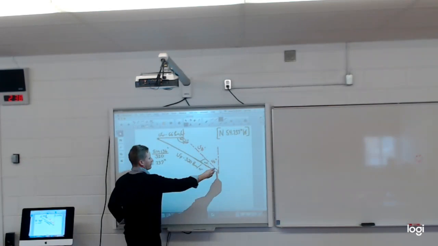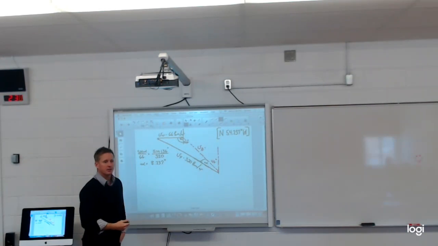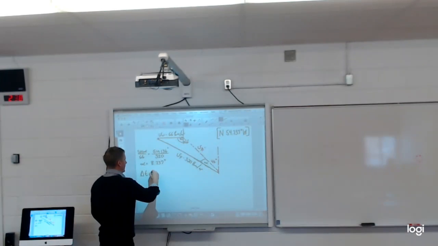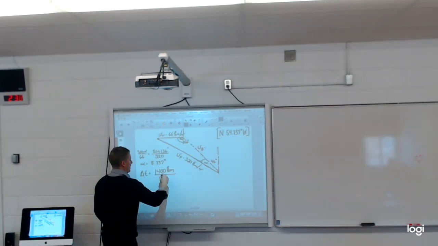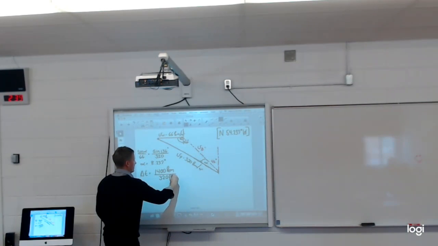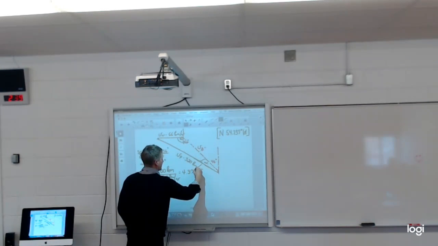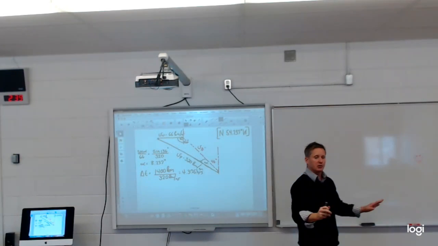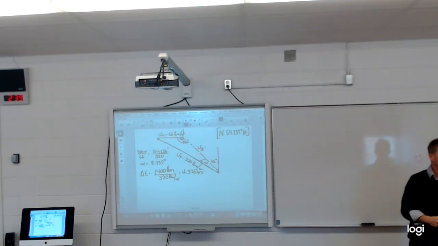He would fly straight there at 320 kilometers an hour. To find the time, I take 1,400 kilometers and divide by 320 kilometers an hour, and I get 4.375 hours. So that's if there was zero wind and I was able to fly straight at it. It would take me 4.375 hours.